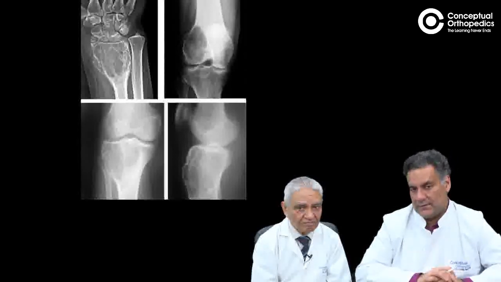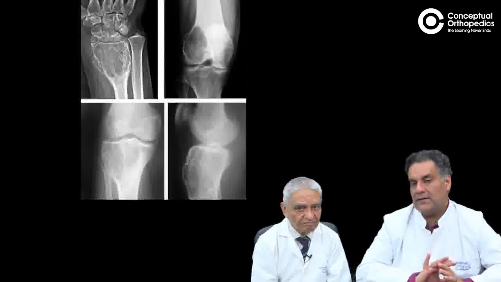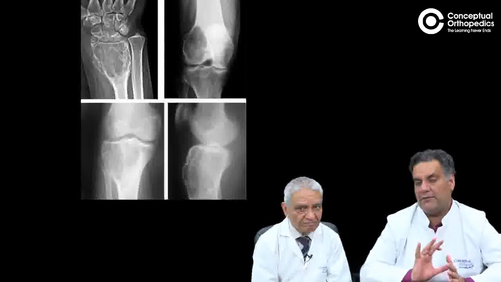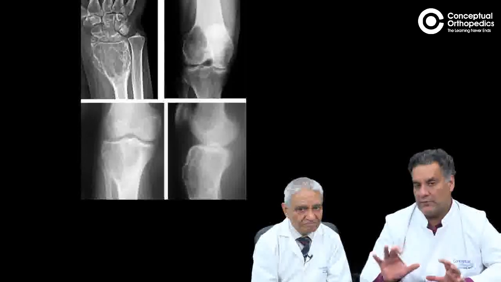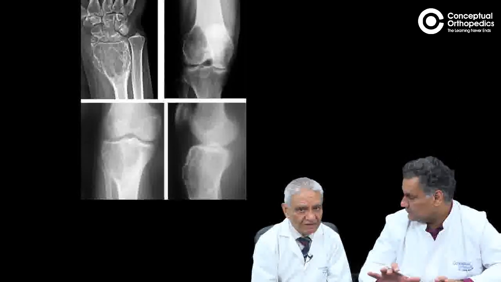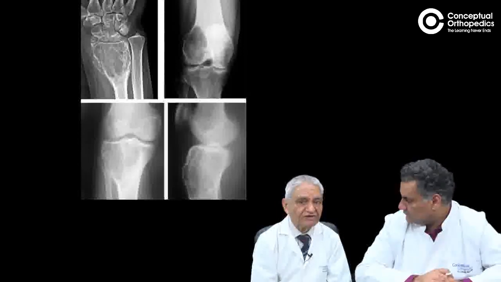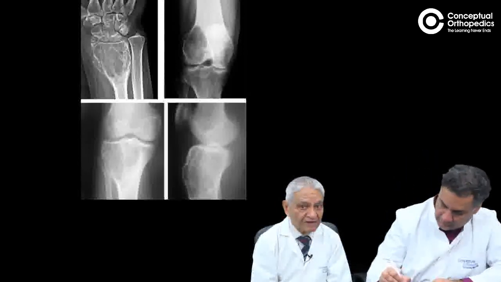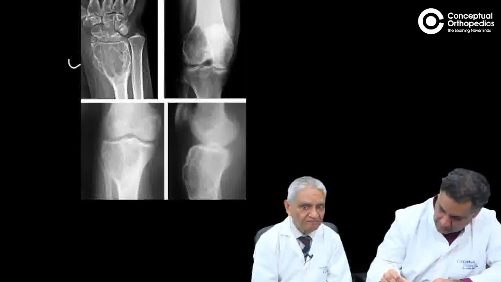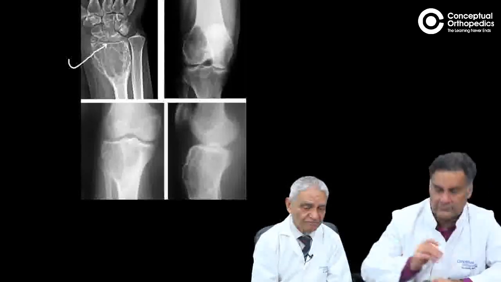If you see a tumor in the epiphysis of a skeletally mature individual, abutting just against the subchondral bone, it is going to be GCT. If you look at these images, they are abutting the subchondral bone.